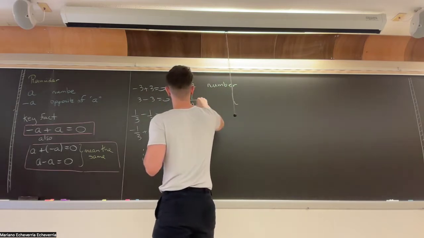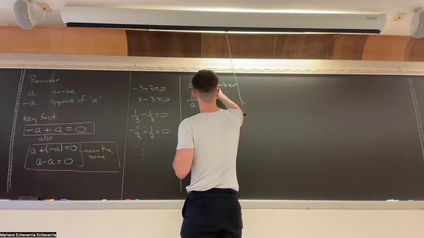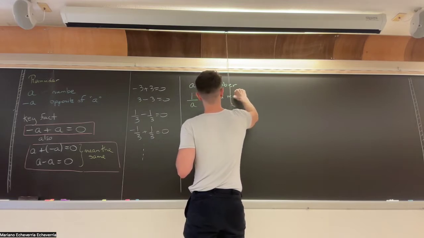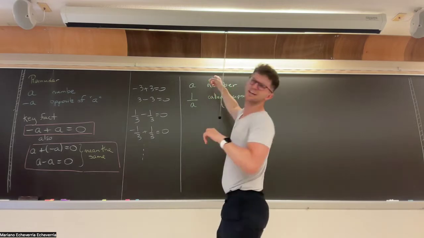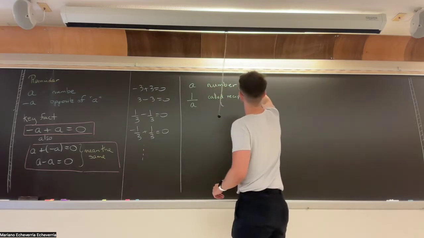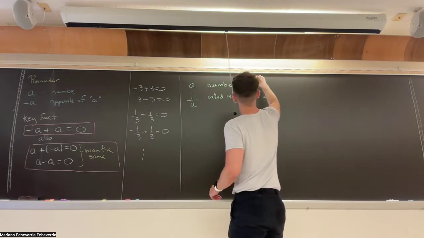So this is what's called the reciprocal of A. By the way, this number cannot be zero.